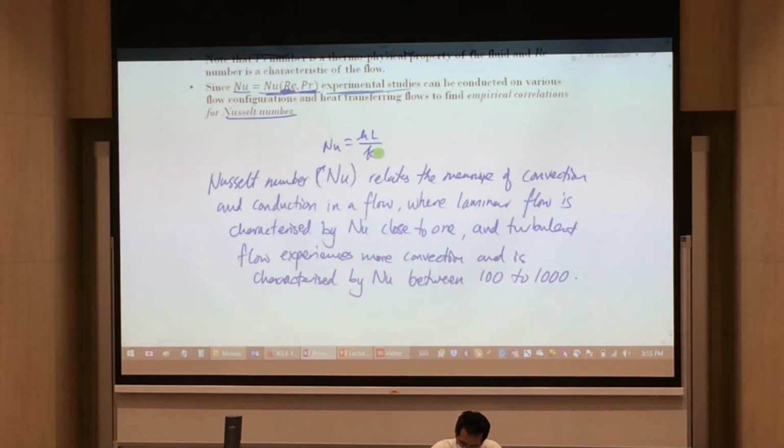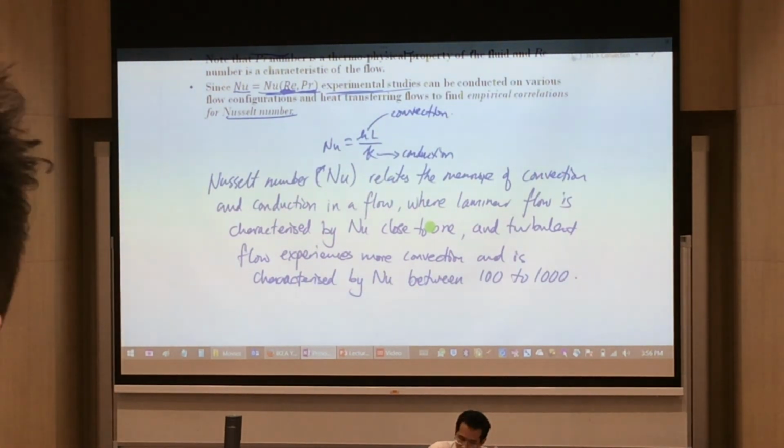That's because over here it relates to conduction, because thermal conductivity, and over here it relates to convection. So Nusselt number relates to the measure of convection and conduction in a fluid. So if you have Nusselt number that is close to 1, that means the flow is kind of like laminar. Just roughly. It's not used to decide that. Reynolds number is the one that's used to decide that.